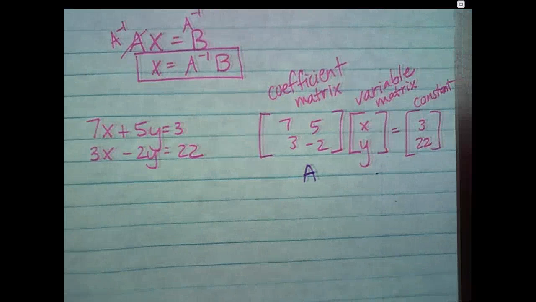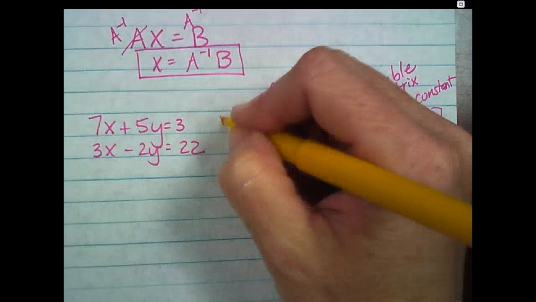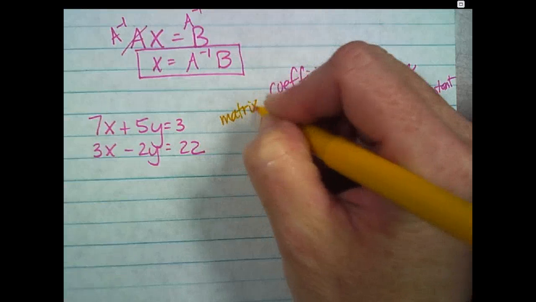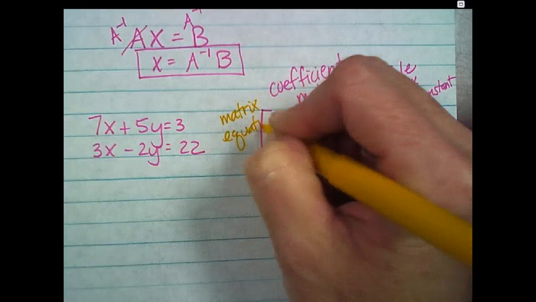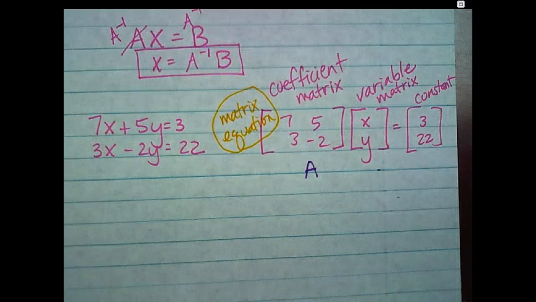Now in another color or something to help you remember, you might write down, this is called your matrix equation. Guys, on tests and quizzes, I'll actually ask you to write the matrix equation. That's part of it.